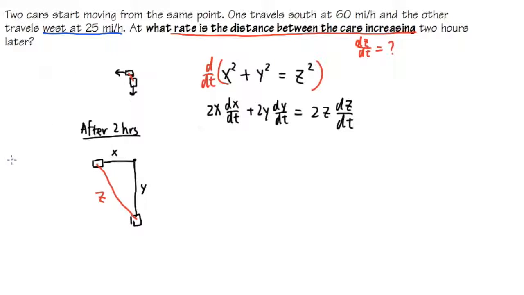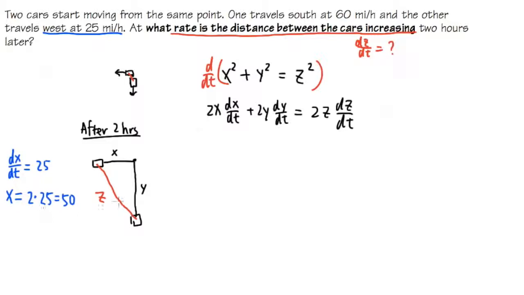In fact, I know dx/dt will have to be 25. And let's ignore the unit for now. We'll just write down 25. That's the speed of this car going toward the west. And the actual distance x will be 2 hours times the speed, which is 25, right? 25 miles per hour. If you drive 2 hours, you are going to drive 50 miles.